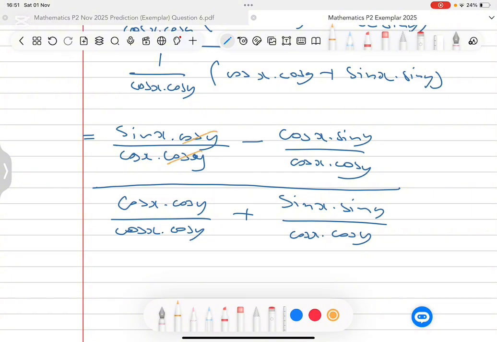The cos and the cos here would cancel each other. The cos and the cos here will cancel each other. And this whole thing here cancels each other. So I'm having a 1 here because they're exactly the same. The last one, there's really nothing that cancels. Here they're different. They don't really cancel with each other.